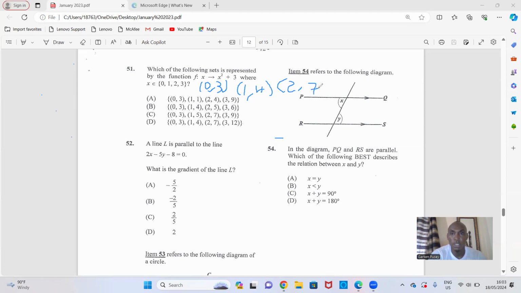You can probably see which one is the answer already. And when I substitute the last one, 3, I get 3 squared is 9, plus 3, 12. So look and see which one this is. I think it's, let me see, it's this one. Good. All right.